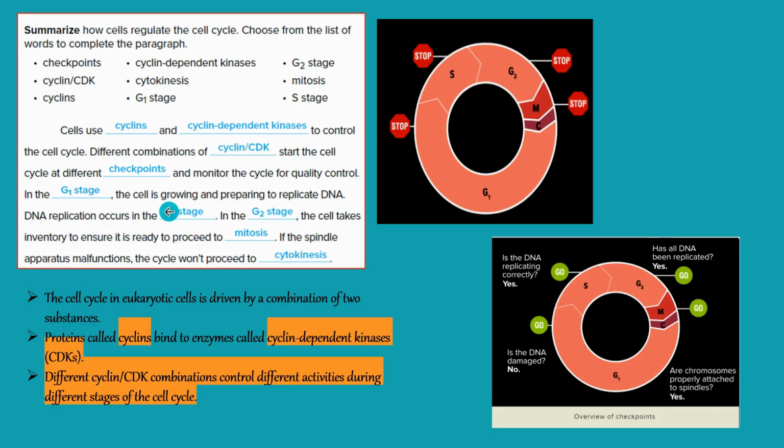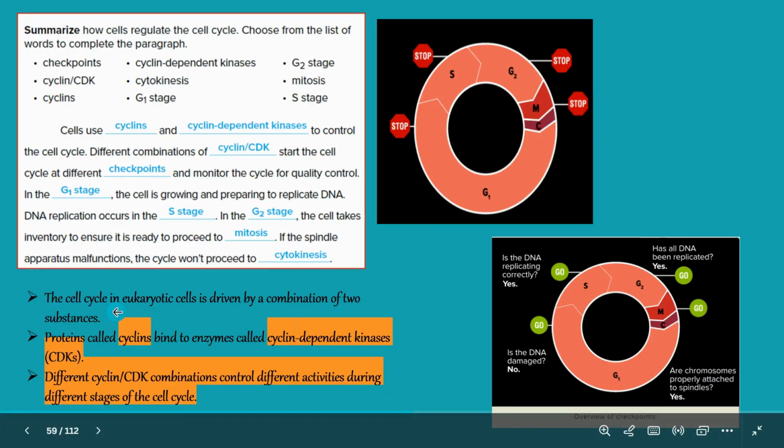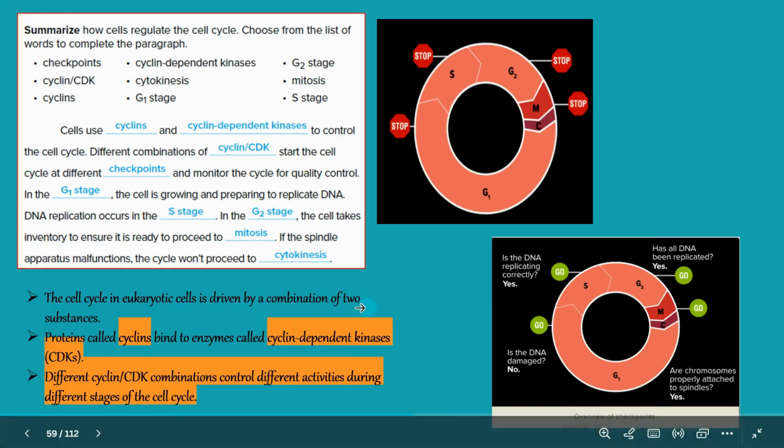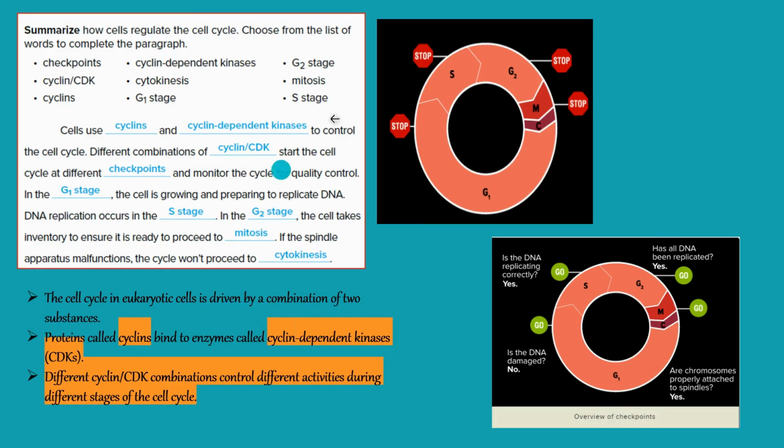If there is a spindle apparatus malfunction, not working properly, then the cycle will not proceed to cytokinesis. So there is a checkpoint at mitosis. The cell cycle in eukaryotic cells is driven by a combination of two substances. This is important: one is cyclin and the other is cyclin dependent kinases, CDK. This combination, cyclin and CDK, controls the activities. So this is it.